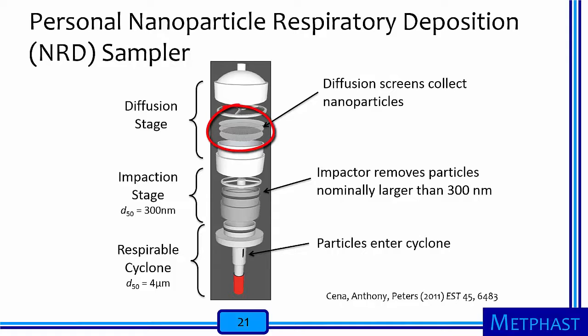Then a series of diffusion screens collect nanoparticles with an efficiency that mimics deposition in the human respiratory system. These nanoparticles can then be analyzed separately from other airborne particles. The entire sampler can be worn on the lapel and works with traditional belt-mounted air sampling pumps, and analysis can be done by traditional analytical chemistry methods.